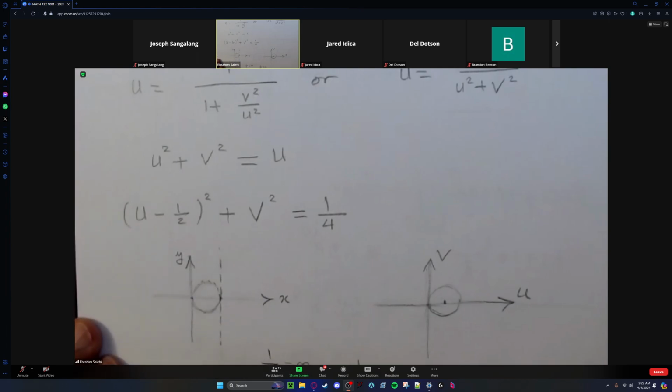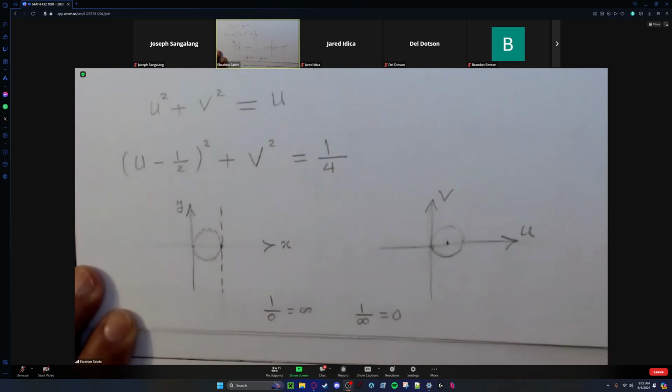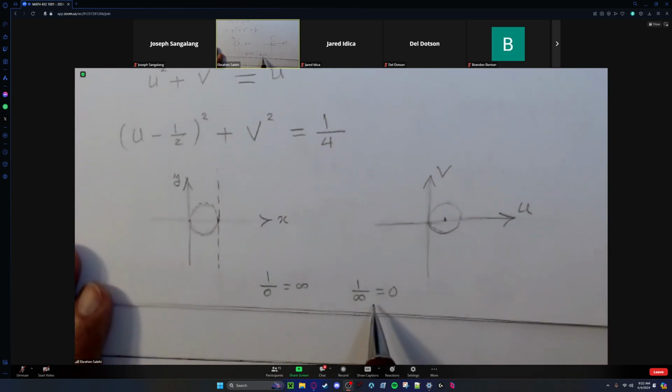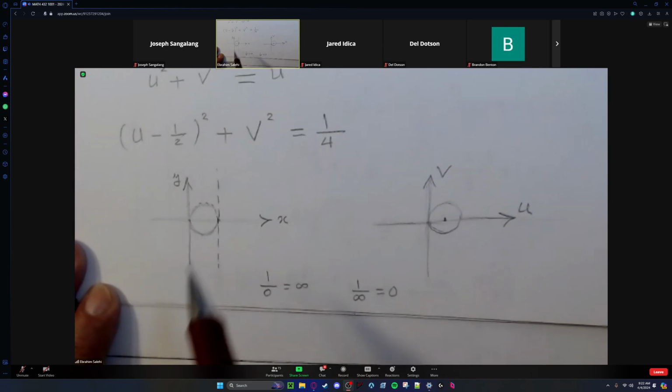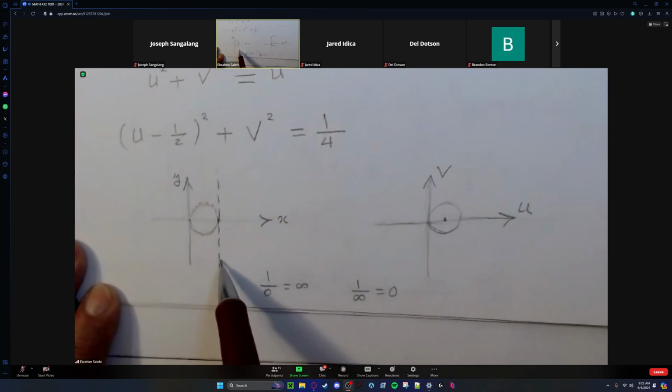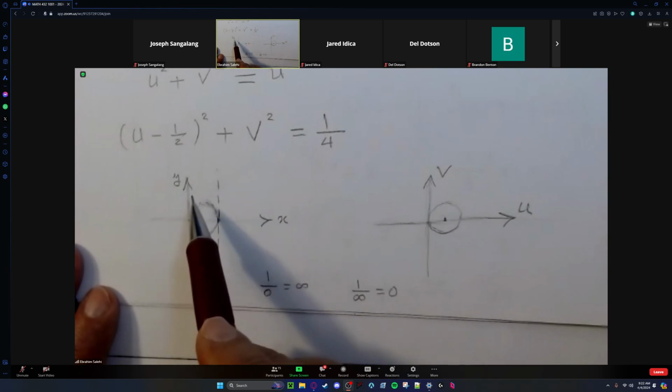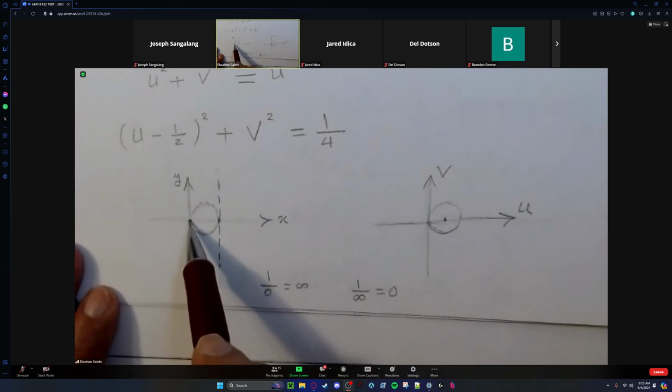After all, 1 over z doesn't make sense when z is 0. But with this convention, we can take care of that, right? So infinity means the endpoints of this line get together and cover 0.